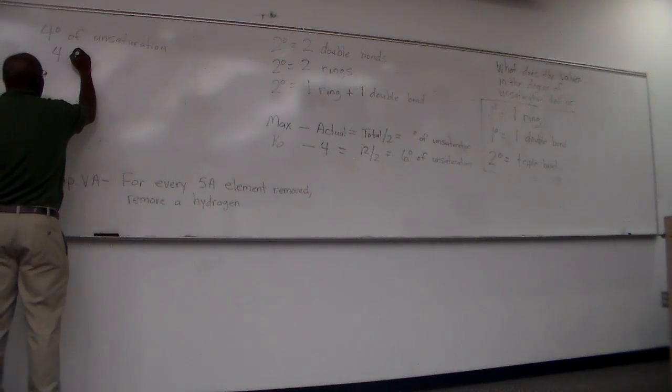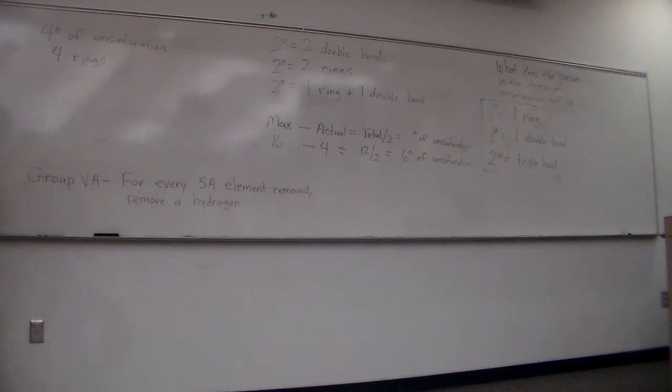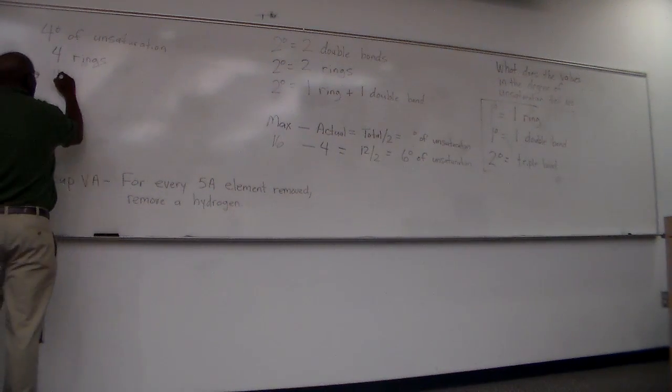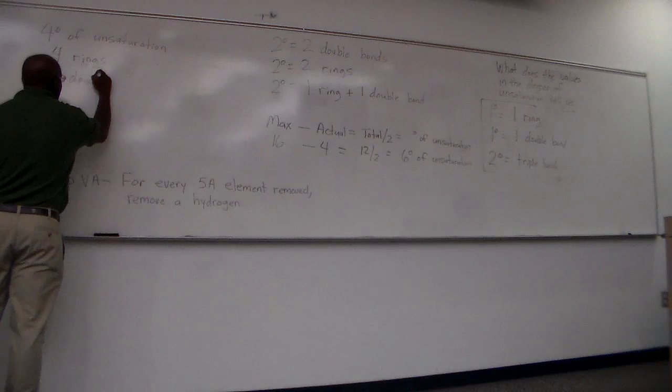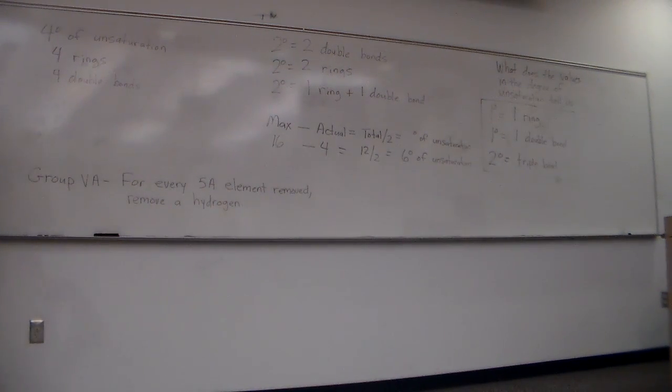We have 4 rings. We can have 4 double bonds. Now if you want to use a triple bond, you can use 2 triple bonds.